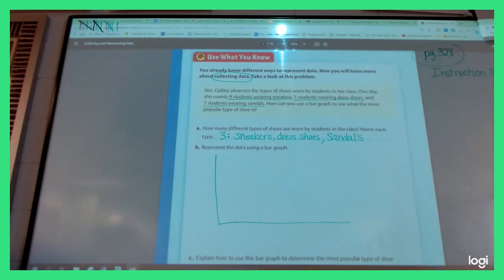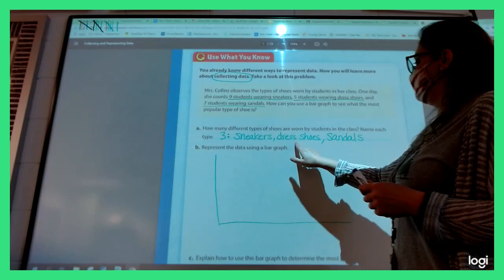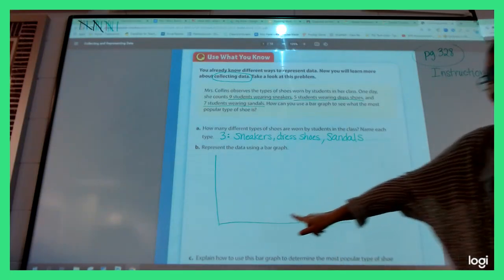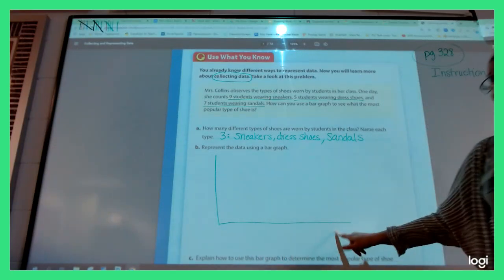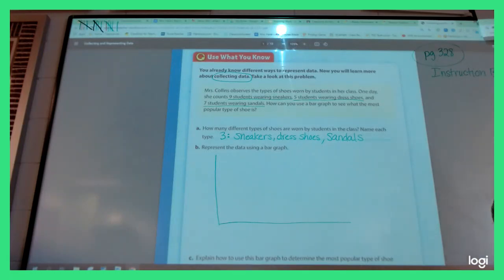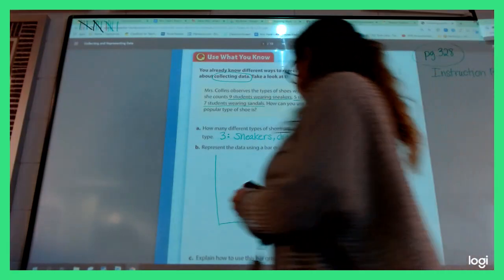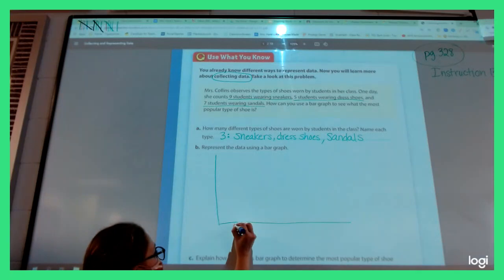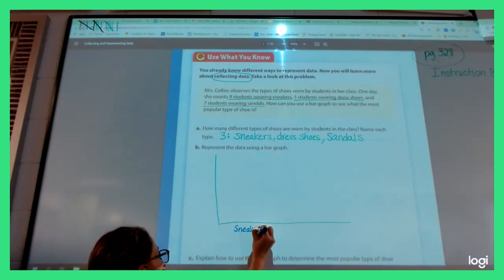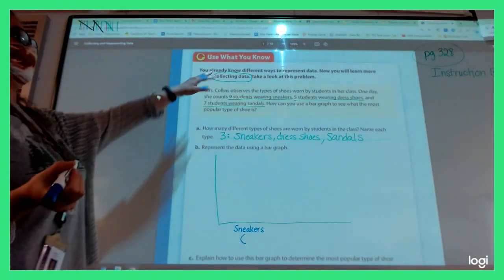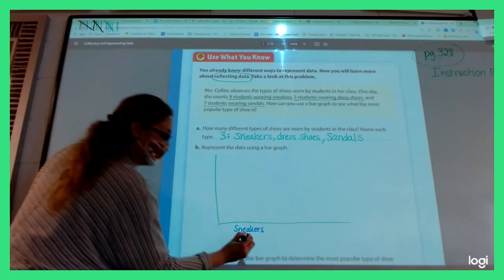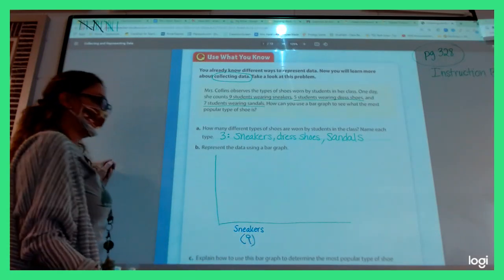All right, now we have 3 different types of shoes. So we need to make 3 different areas at the bottom where we're going to graph those types. So we'll start with our sneakers, and we'll just put our sneakers here first. And I'm going to put in parentheses underneath how many, so I don't have to go back up into this. We have 9 students wearing sneakers.